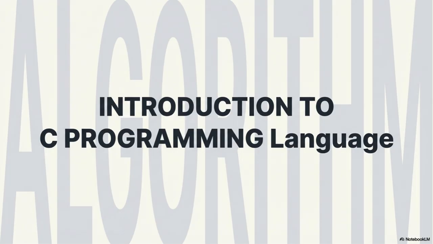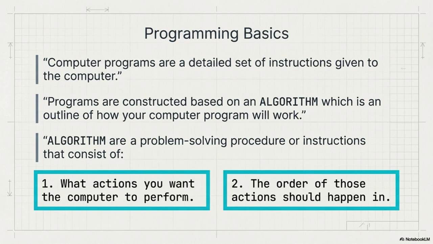So just now we learned about introduction to programming. Now, introduction to the C programming language, specific to C language. So programming basics. Computer programs are a detailed set of instructions given to the computer.